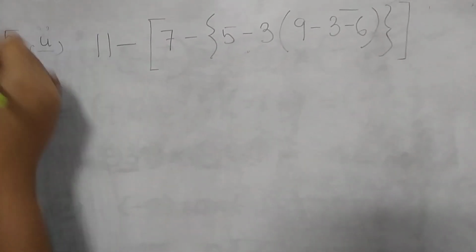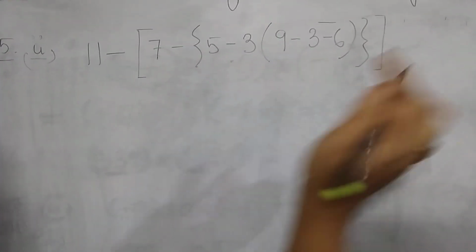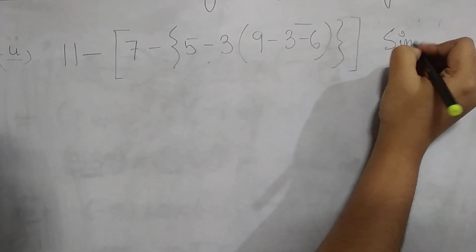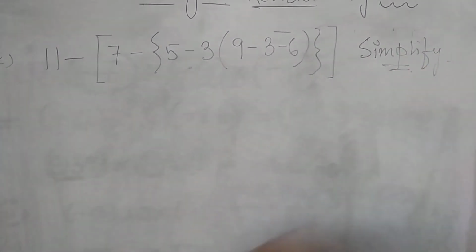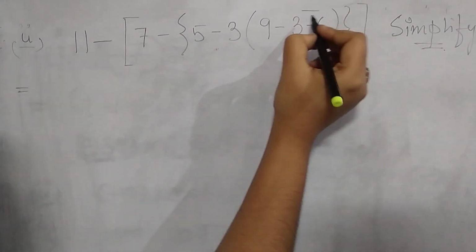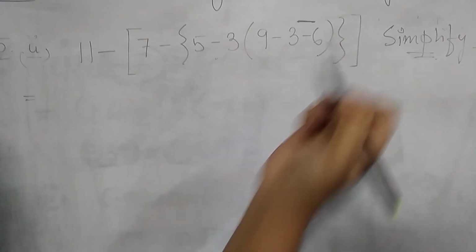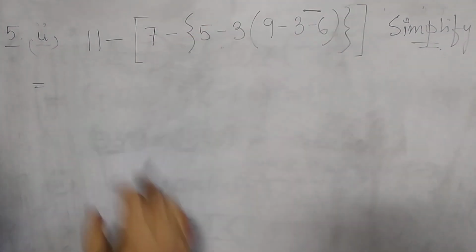Now coming to the number 5, sum number 2. Here this is a simplification. We have to simplify this total sum. So first see here, there is a bar given above 3 minus 6. Now what this stands for?